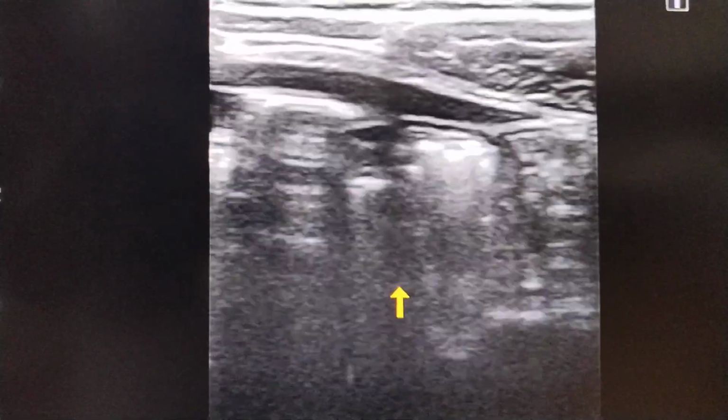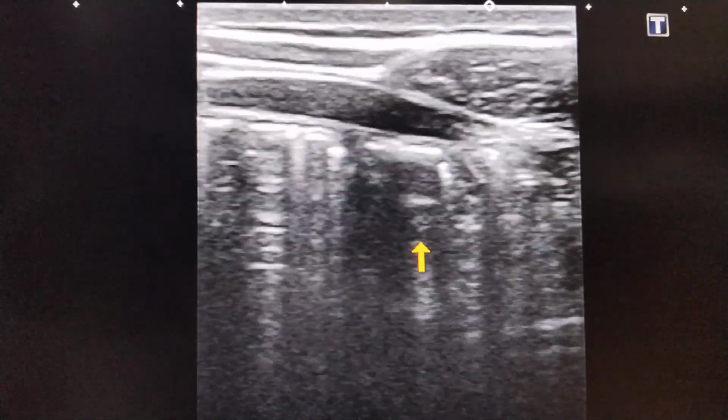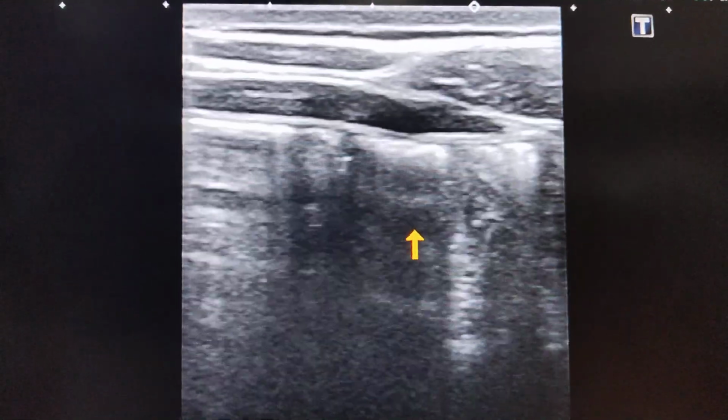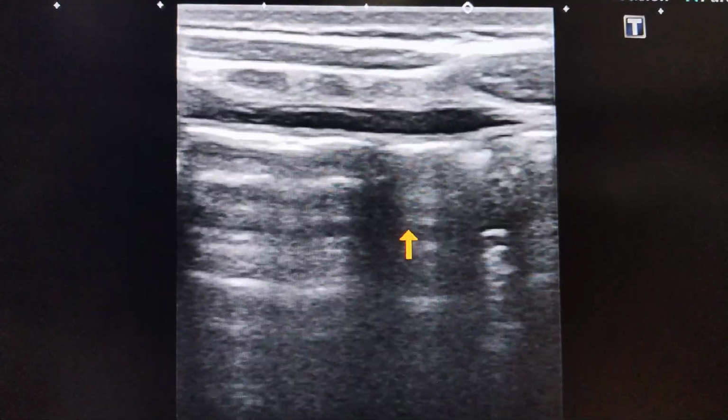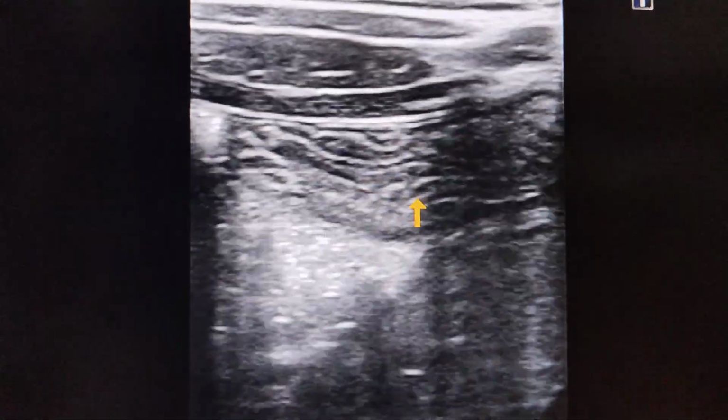Now I am dragging the probe lower and lower.